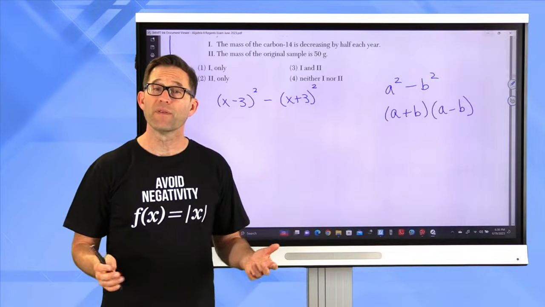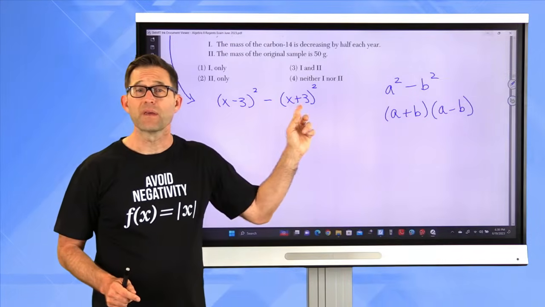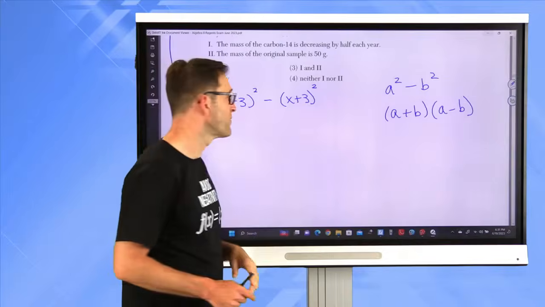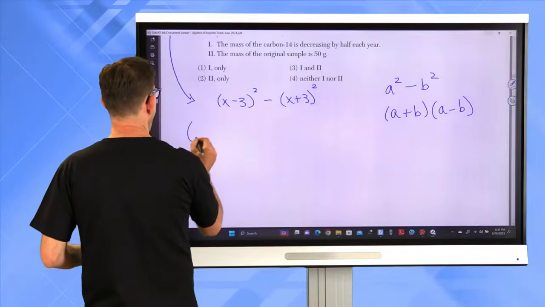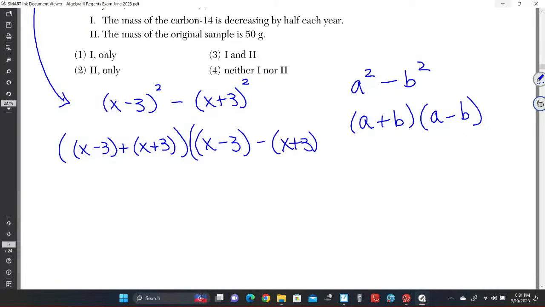I point this out because a can be x minus 3 and b can be x plus 3. Recognizing structure to factor, I can write this as x minus 3 plus x plus 3 times x minus 3 minus x plus 3.